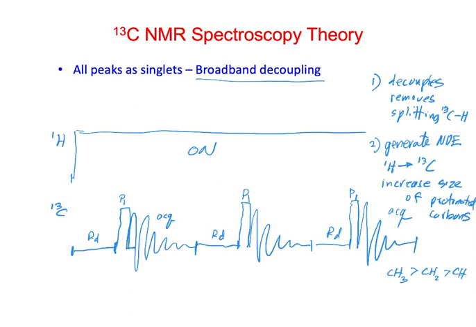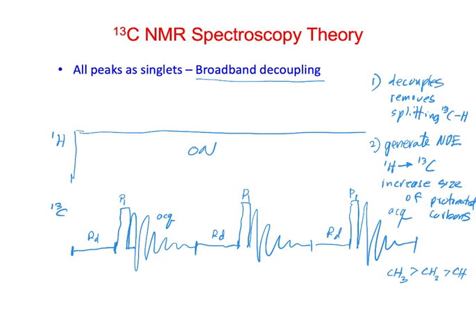And how far can this energy go for the NOE? Is it just one carbon adjacent? No, because remember in proton NOE, they could be, I think it's maybe 4 angstroms or 6 angstroms or something like that. But the amount of enhancement decreases like 1 over the distance to the 6th power.